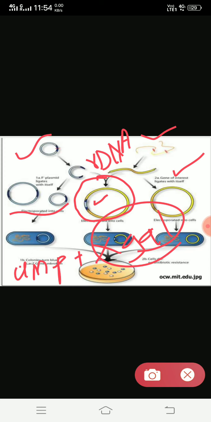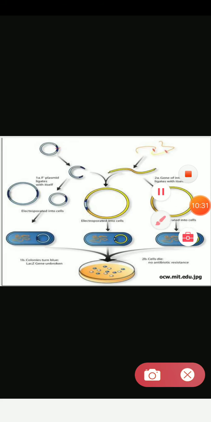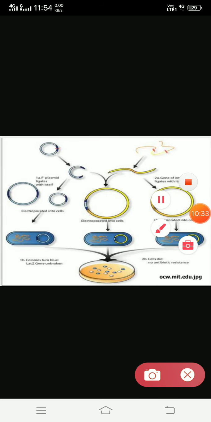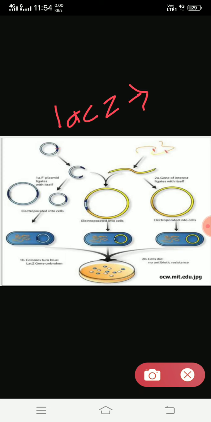In this recombinant DNA molecule, our gene of interest is inserted in between the lacZ dash gene. What is this lacZ dash gene? It codes for the enzyme which can degrade the lactose molecule, or here, our substrate, the X-gal molecule.